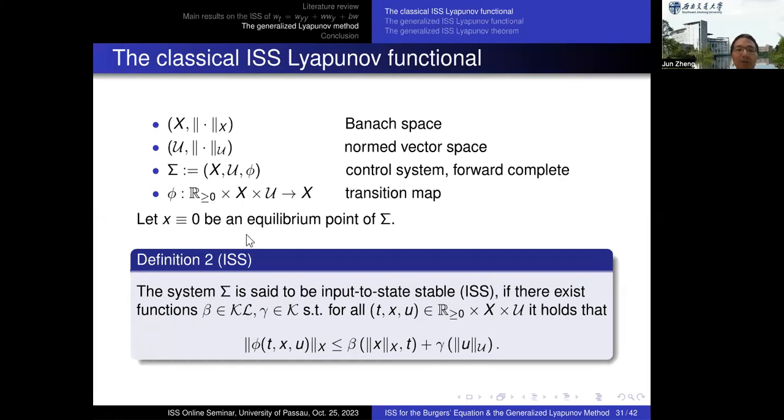We assume also that the origin is an equilibrium point of the control system. This is the definition of ISS for an abstract control system. It can be defined in a standard way and can be found in many books and papers. I will not explain it anymore.